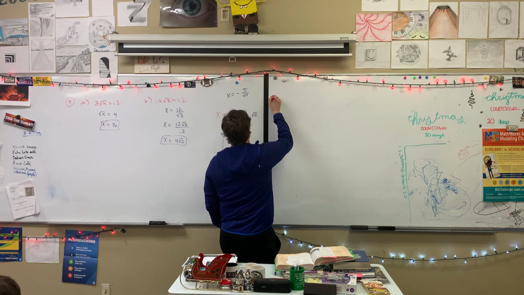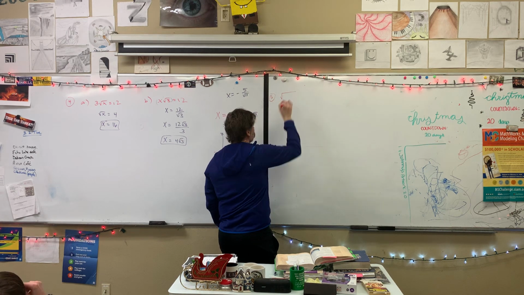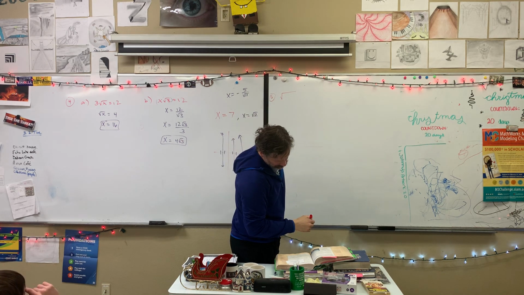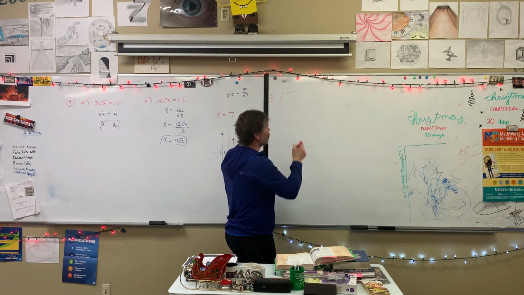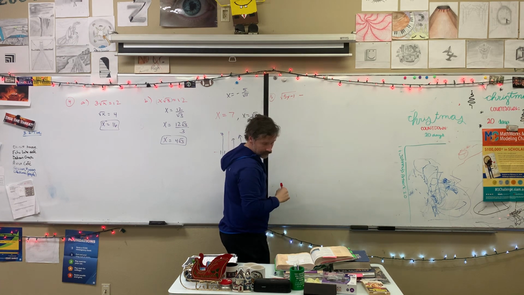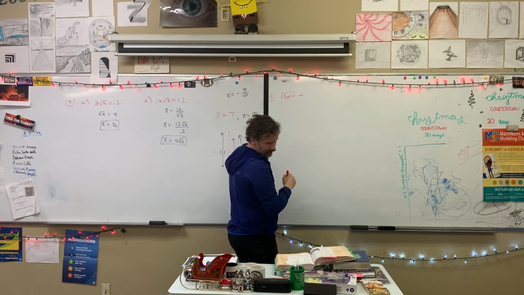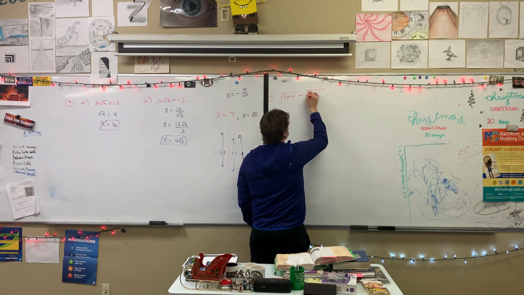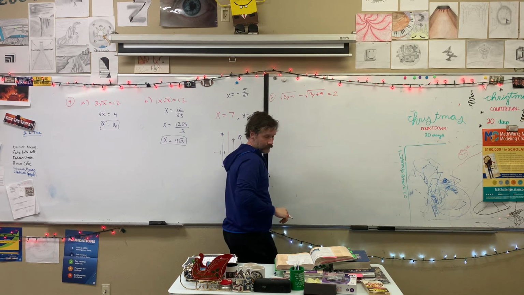Multiple radicals with variables underneath. So you're going to end up doing some foiling with radicals. 5y minus 1 minus the square root of 7y plus 9 is equal to 2. Okay.